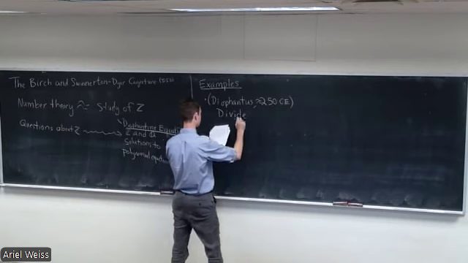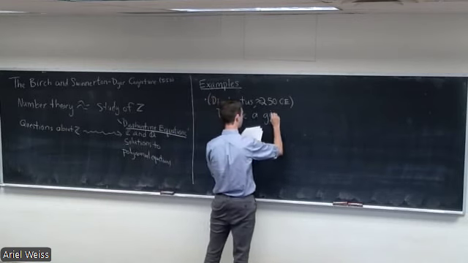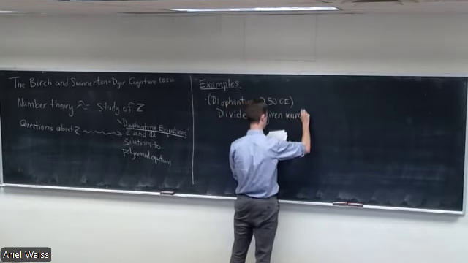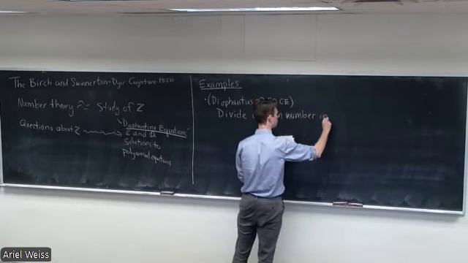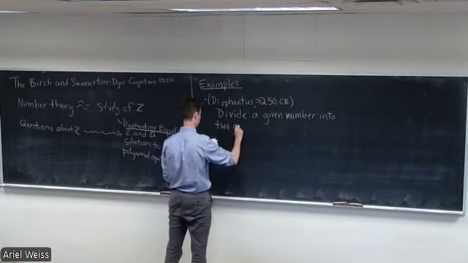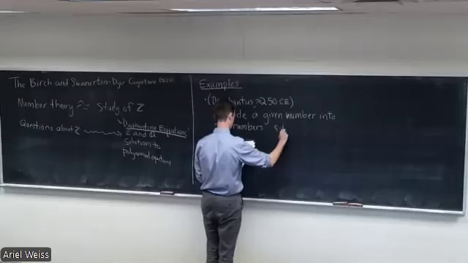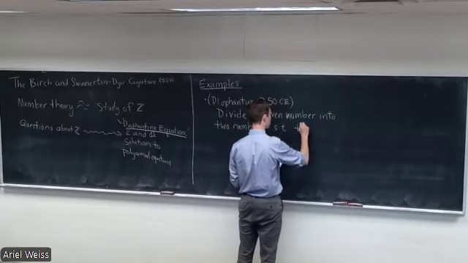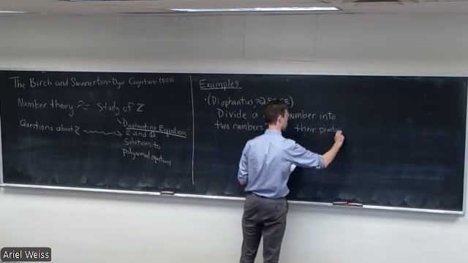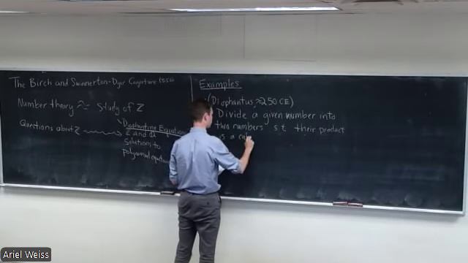I don't think it was stated as a question, maybe a challenge: divide a given number into 2 numbers so that their product is a cube minus its side.